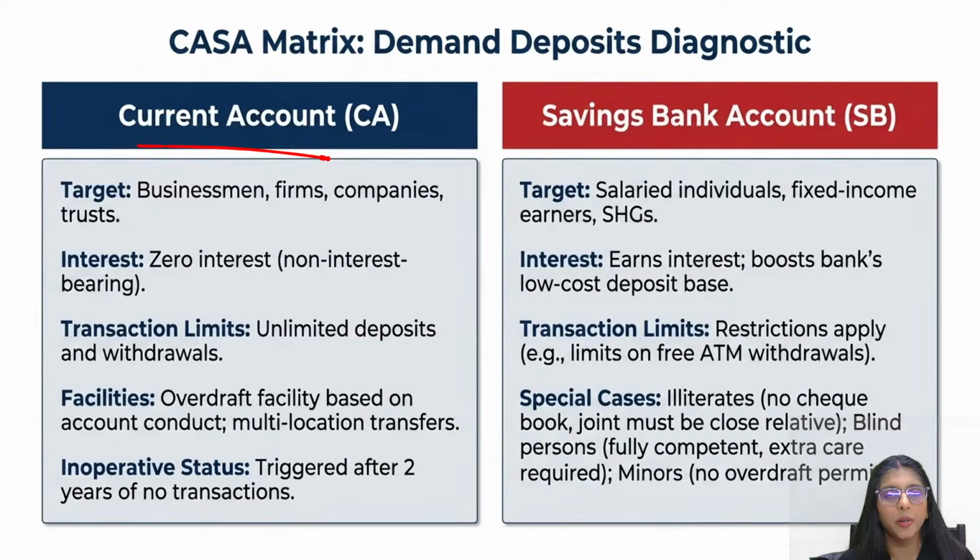A saving account can be opened by students also. So the current account targets business, firms and companies. Interest: zero, no interest bearing. Transaction limit: unlimited deposits and withdrawals facility, overdraft facility based on the account conduct, multiple location transfer, inoperative status triggered after 2 years of no transaction.